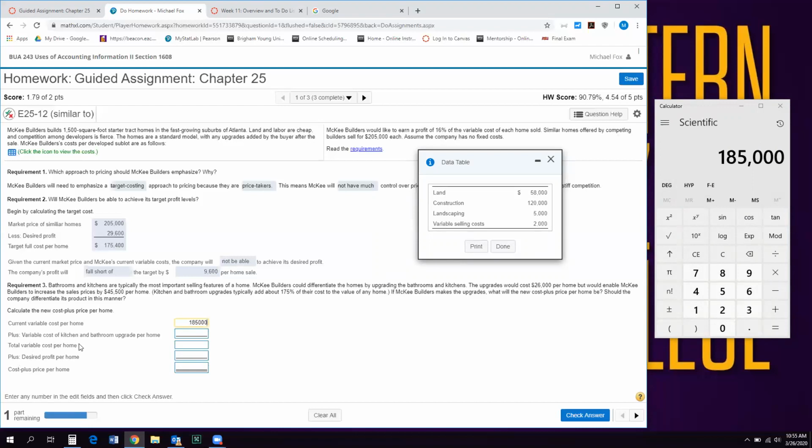The variable cost of the kitchen upgrade would be $26,000. So the 185 plus 26,000 is 211,000, which is the total variable cost. The desired profit would be 16% of that 211,000. So 33,760.